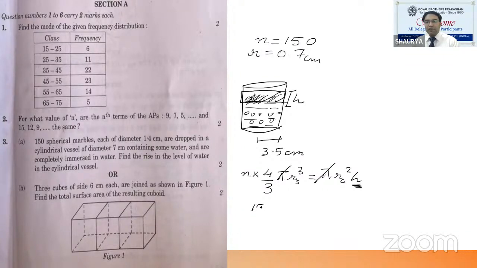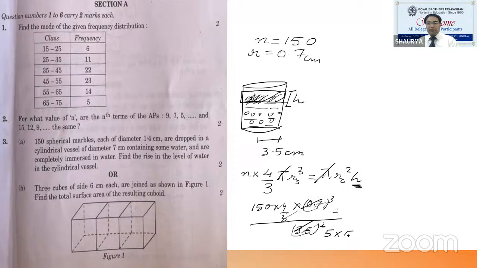So n was 150 into 4 upon 3 multiplied by 0.7 cube, and the whole divided by the radius of the cylinder, which is 3.5 square, right? So we can do the simplification and we shall have the height. Okay, let's do it here itself. The 2 powers will give me 5 and 5 here, and I'm left with a 0.7 here.